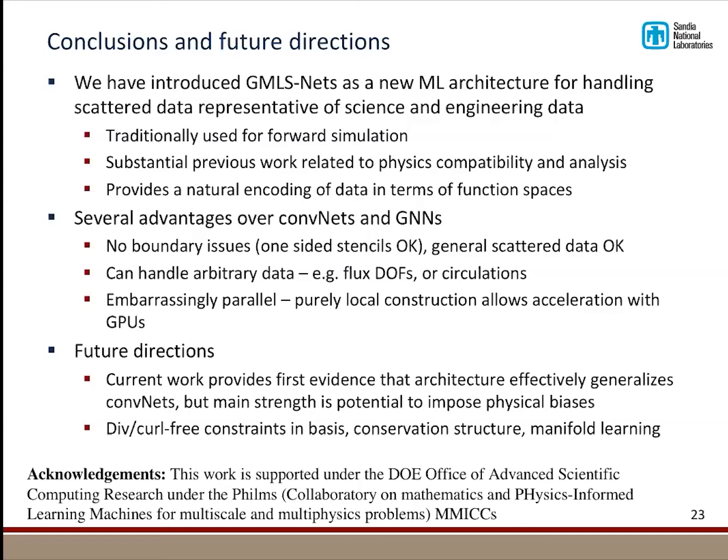You can engineer properties you want into the reconstruction space. We're working toward taking our conservative forward simulations and our manifold or surface PDE simulations and see if we can actually do operator regression in these spaces. So yeah, I'll leave it at that and take questions if there are any.